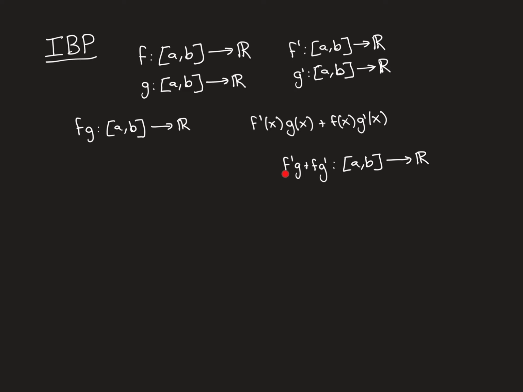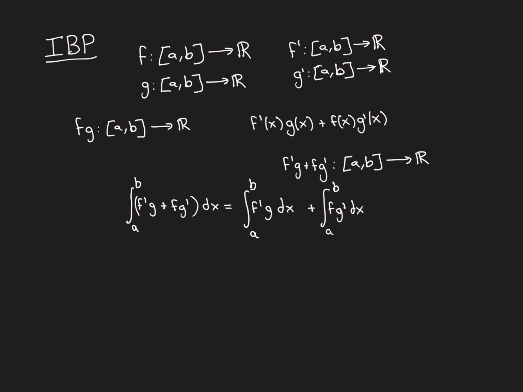So now what we've got here is the product of two Riemann integrable functions, and this is the product of two Riemann integrable functions, so these bits are Riemann integrable, and then you're just summing two things together, and we know linearity holds true, so the sum of these two Riemann integrable functions will also be Riemann integrable. Hence, the overall thing is guaranteed to be Riemann integrable over the interval ab.